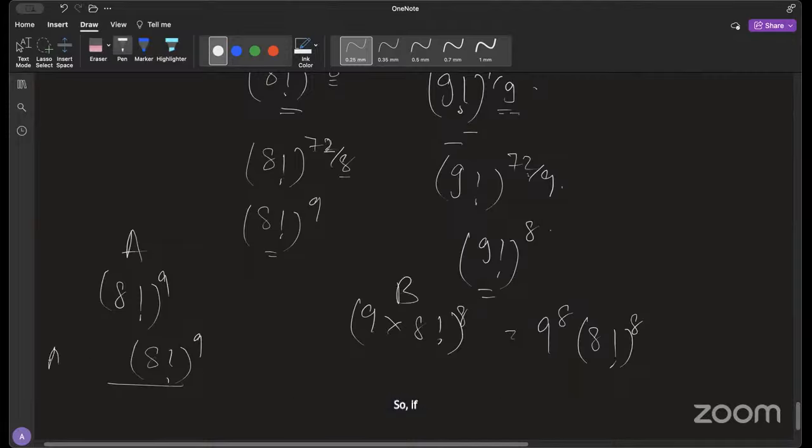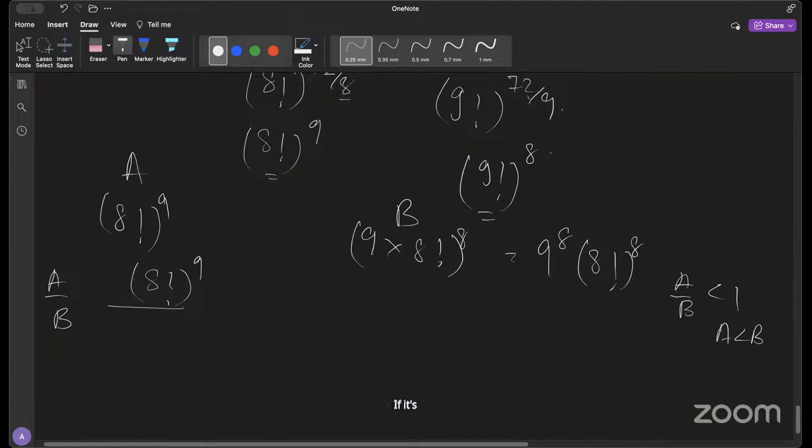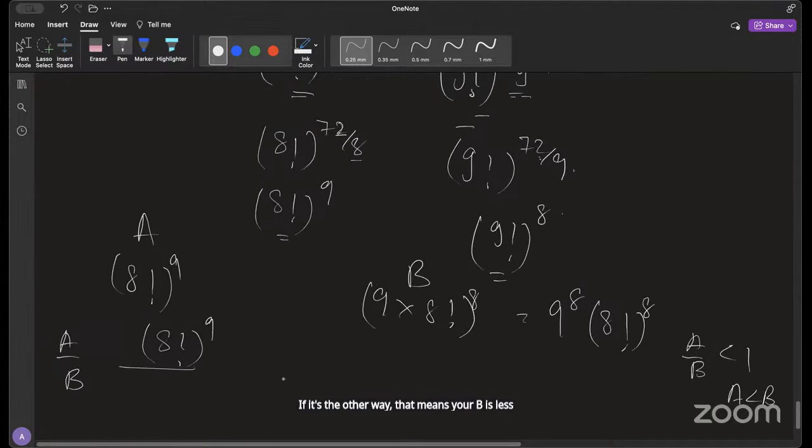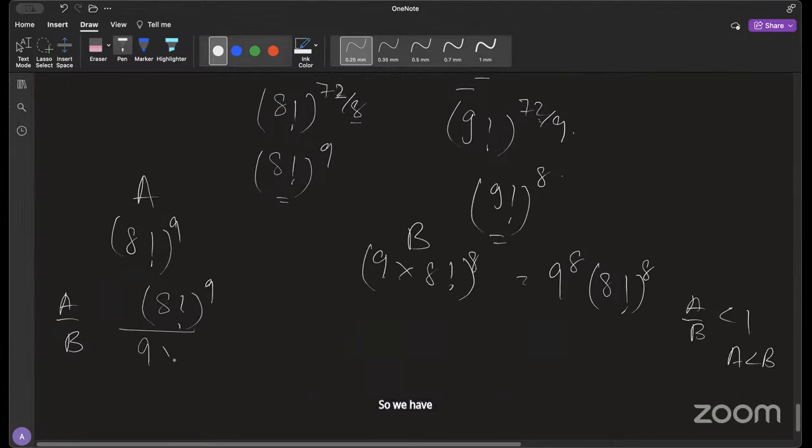If you do A by B, if A by B is less than 1, that means A is less than B. If it's the other way, that means B is less than A, right? So we have 9 into 8 factorial by, and this to the power 8. So this is going to give you 8 factorial by 9 actually.